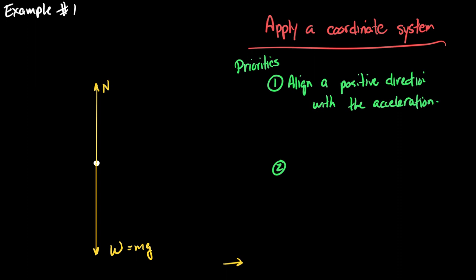That's your first priority, is to align a positive direction with the acceleration. If there's no acceleration, or if you can't do that, then your second priority is to align the coordinate system with as many forces as possible.